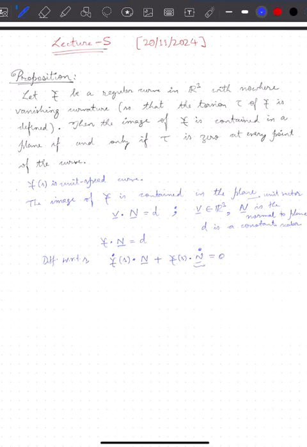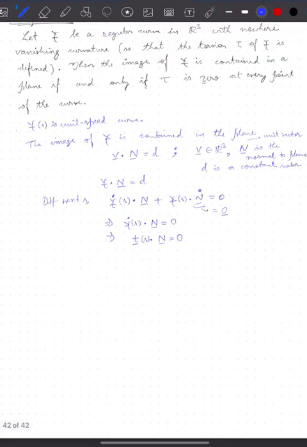And then we recall that n vector is a constant vector, so this is also equal to the 0 vector. So eventually you have gamma dot dot n is equal to 0, and then gamma dot is t of s, so t of s dot n is equal to 0.